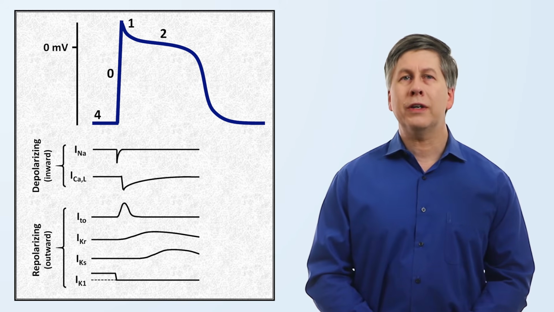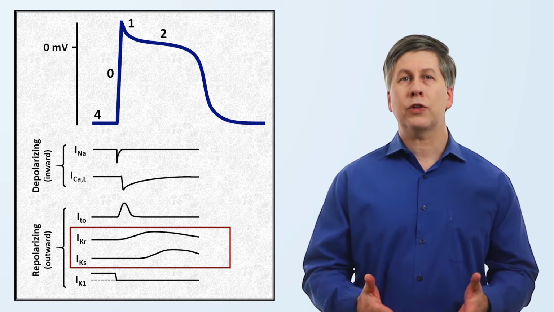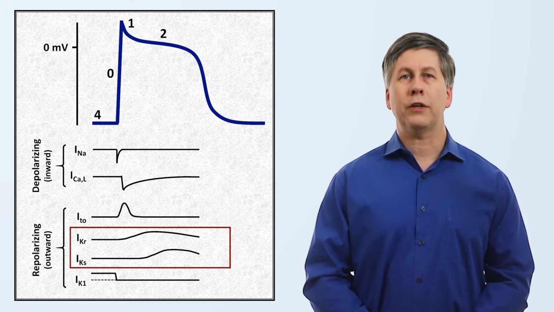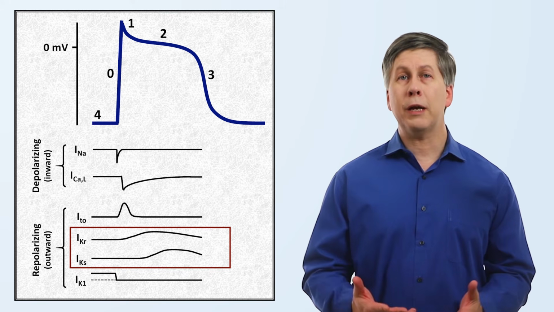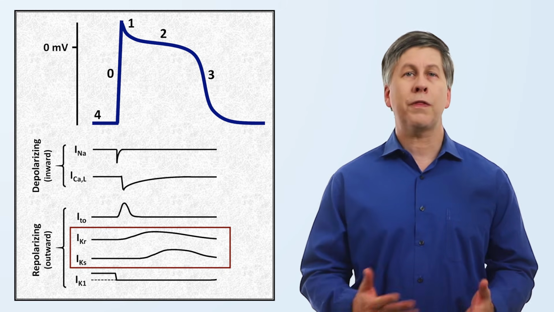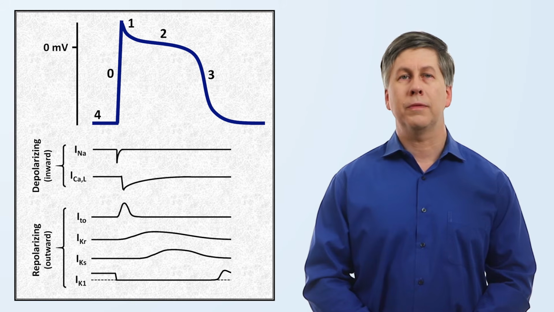The inward calcium current is balanced with an outward potassium current, mediated by two channel types, collectively referred to as delayed rectifier potassium channels. Phase 3 begins once the L-type calcium channels have closed, and there is nothing to counterbalance the delayed rectifying potassium current.